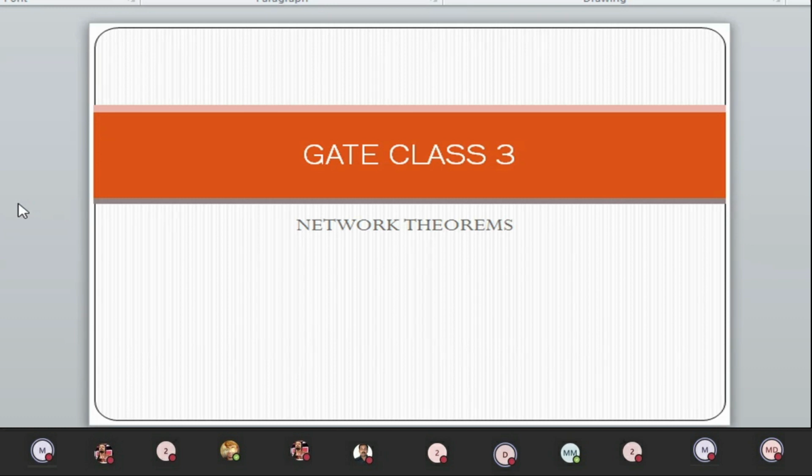And kindly understand one thing, the Norton's theorem is actually a dual of Thevenin's theorem. In Norton's theorem, you are actually converting a complex circuit into a simple circuit with a short circuit current source.